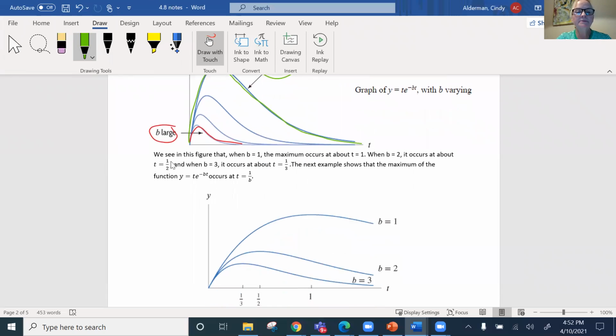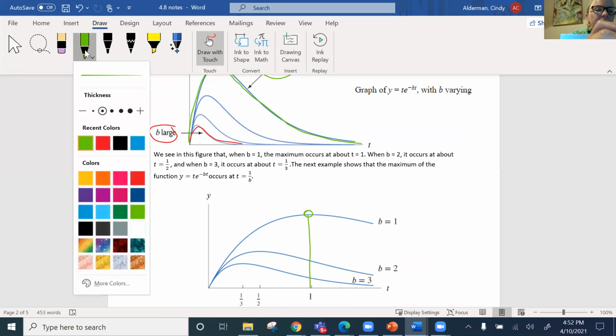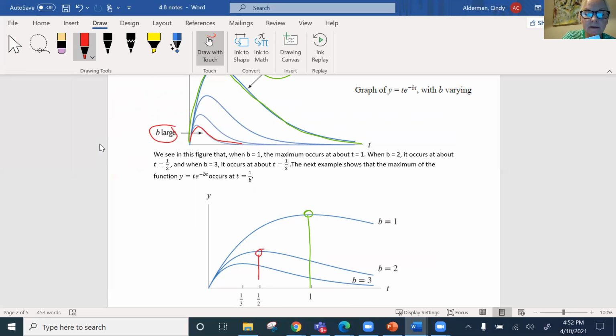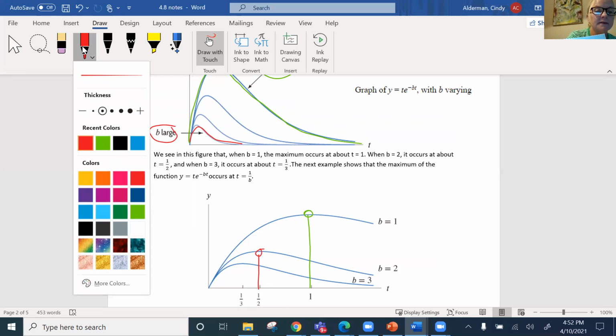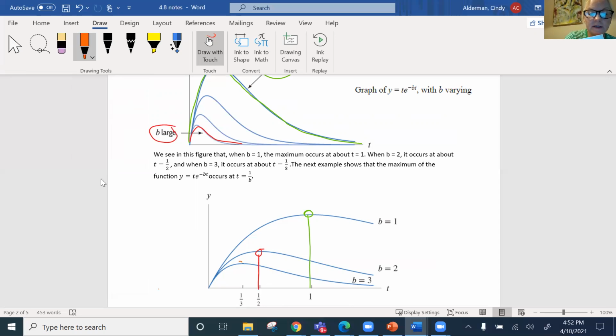In this figure, when B is equal to 1, the max occurs at about t equals 1. So I'm looking at the highest point of that graph, and that occurs after t is 1, say 1 day, or 1 hour probably is more appropriate for drugs. And then if you look here, the top of that aligns with that 1/2, and the top of this aligns with this.